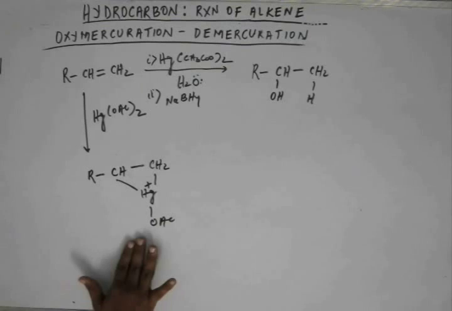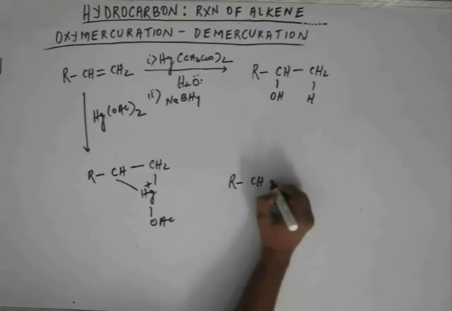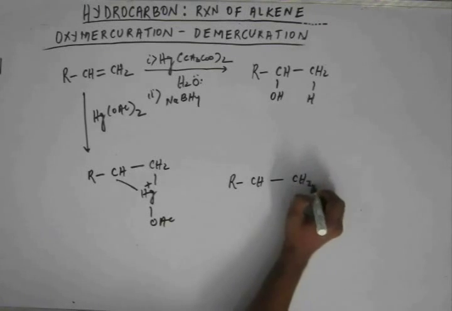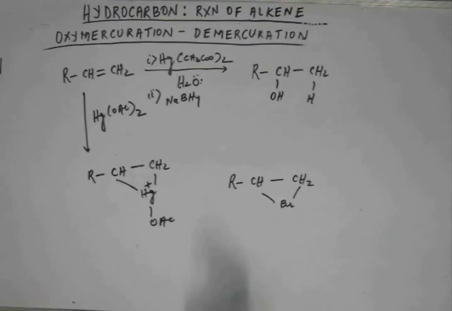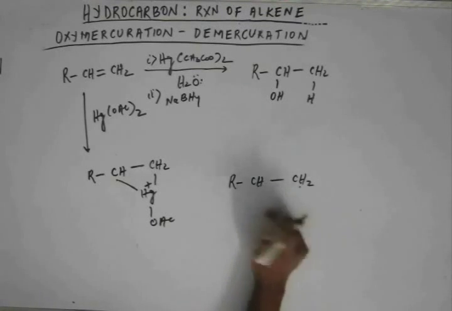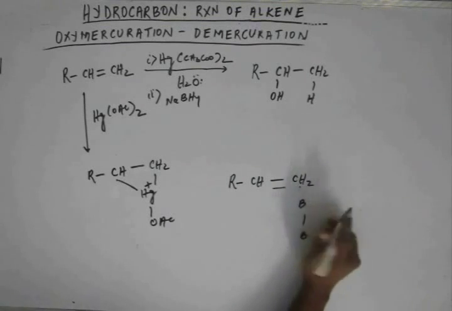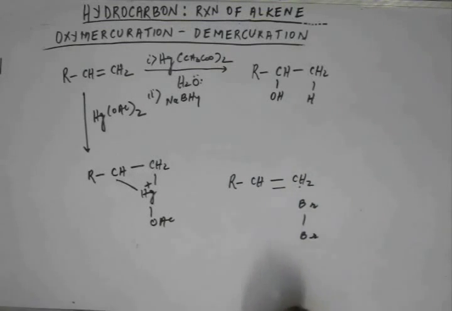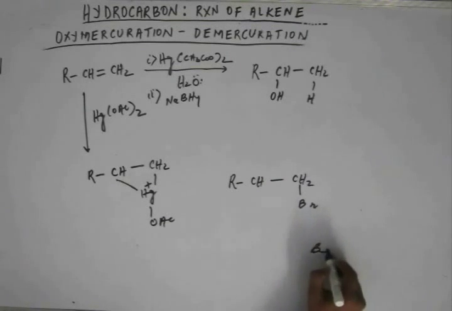The cyclic mercurinium ion would exist, similar to an intermediate we have seen before, the cyclic brominium ion. If you remember the addition of Br2 on alkene, if this is an alkene and we added Br2 to this, then one bromine gets attached to this carbon, and the other Br comes out as Br minus.